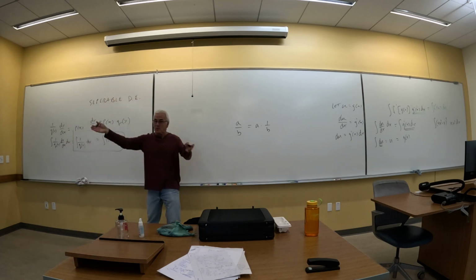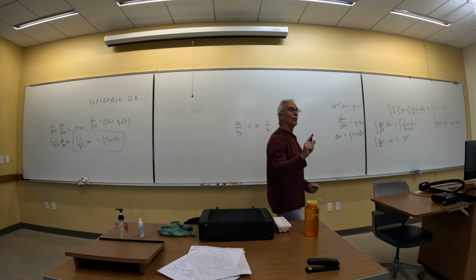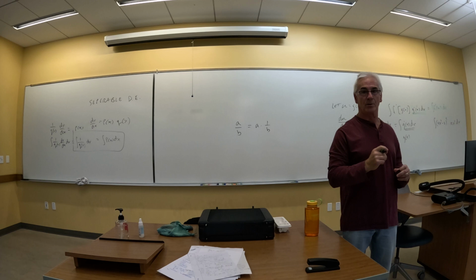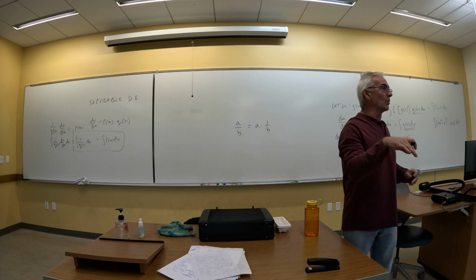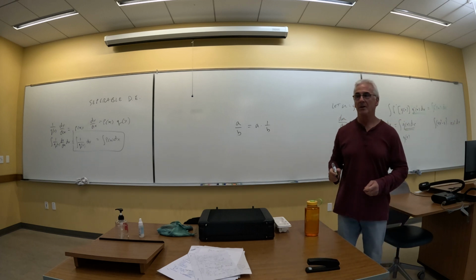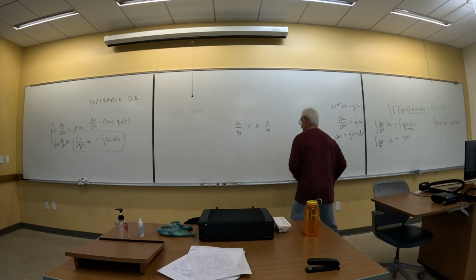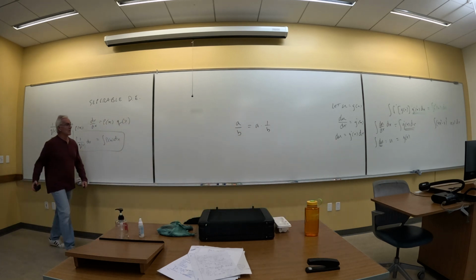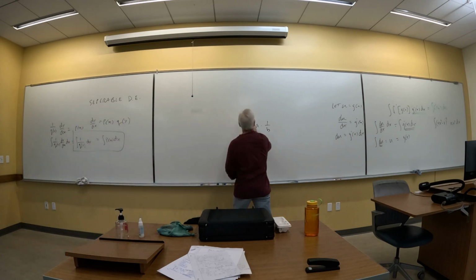I am separating the x's and the y's, and I can only do this if x's and y's are related through either a product or a quotient. If they're related any other way, through a sum, through exponents, through a function, can't do it. So, we'll do a couple of these examples. We know how to solve this if we know how to set it up.